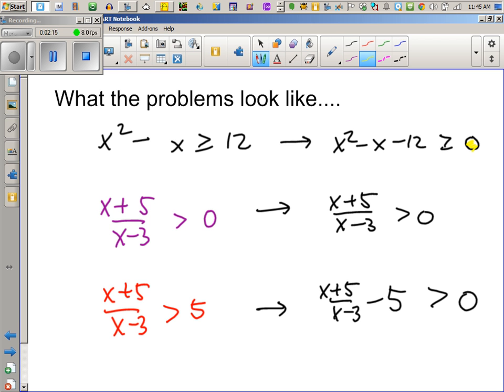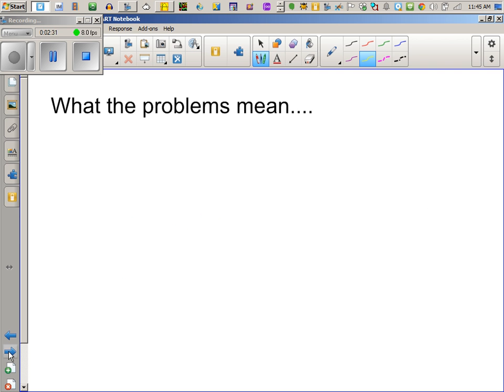So the first goal on every problem is to get a big fat goose egg on the right. That's a really, really important step. And so the first thing we always do is subtract all the junk to the left side. All right. What do the problems mean?